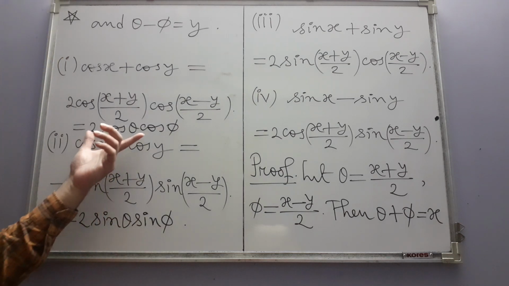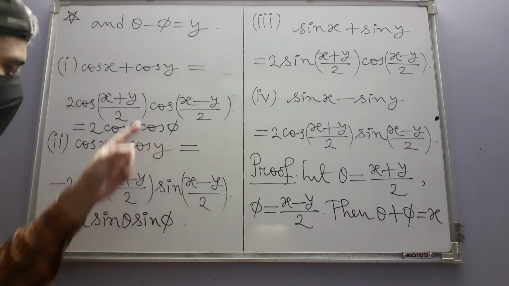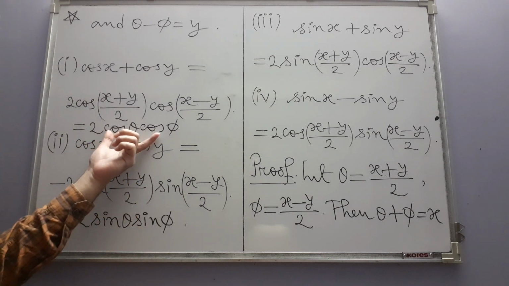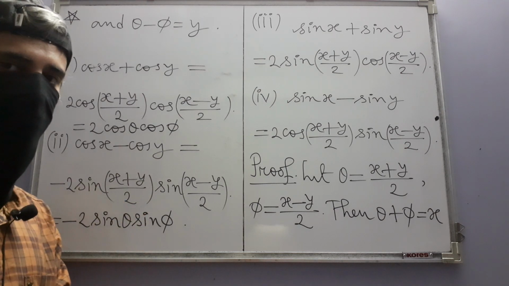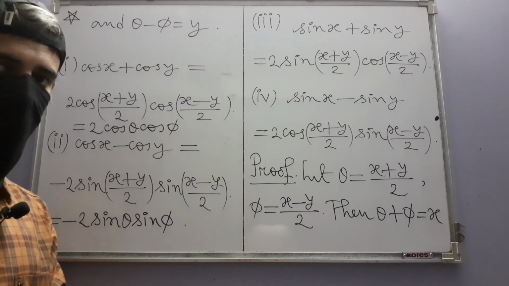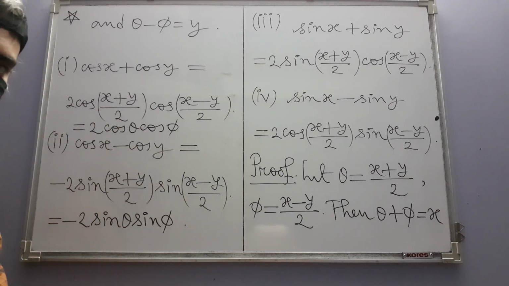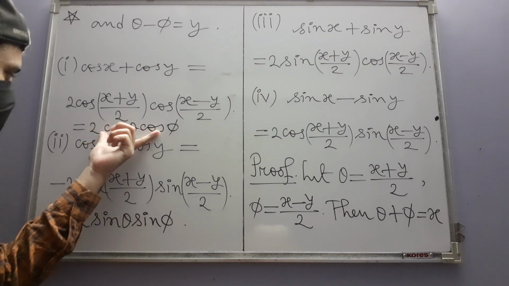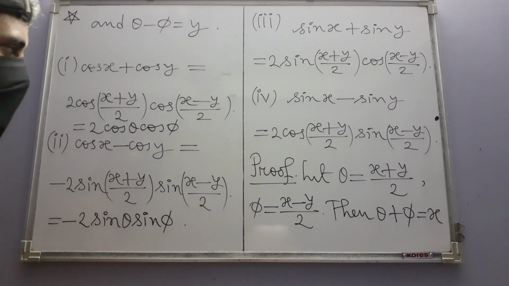Does it ring a bell with you? Instead of simply starting with the right hand side of say 1 or 2 separately, why not we combine these two things? Because we can see that here we have cos theta, cos phi, and here we have sin theta, sin phi. So it should obviously give us something if we add these two right hand sides. In fact, if we just simply write this plus this, with the minus sign, what do we get?